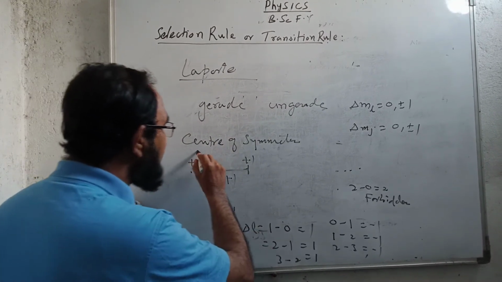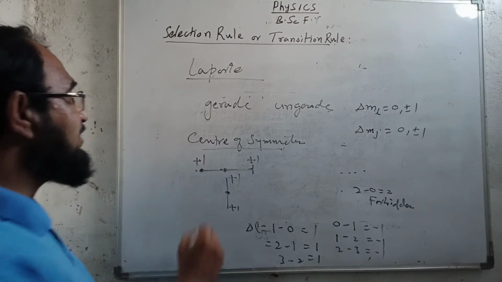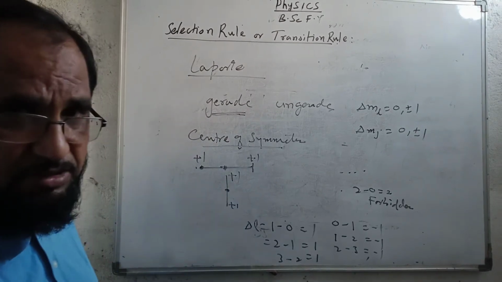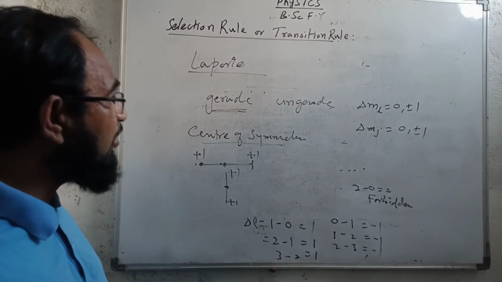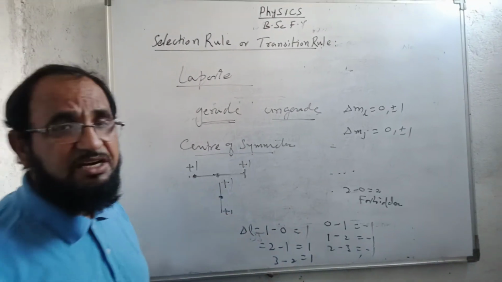It is known as the center of symmetry. When the center of symmetry is obeyed, such orbitals are gerade orbitals. When the center of symmetry is not obeyed, such orbitals are called ungerade orbitals.